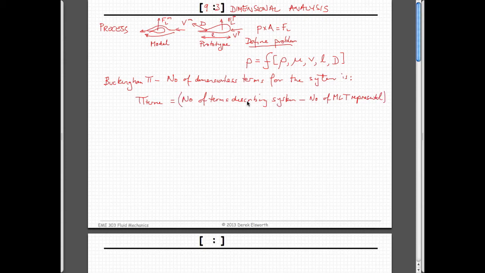If we know the number of terms describing the system, we have pressure, density, viscosity, velocity, length, and span. So that's 1, 2, 3, 4, 5, 6 in this particular case.